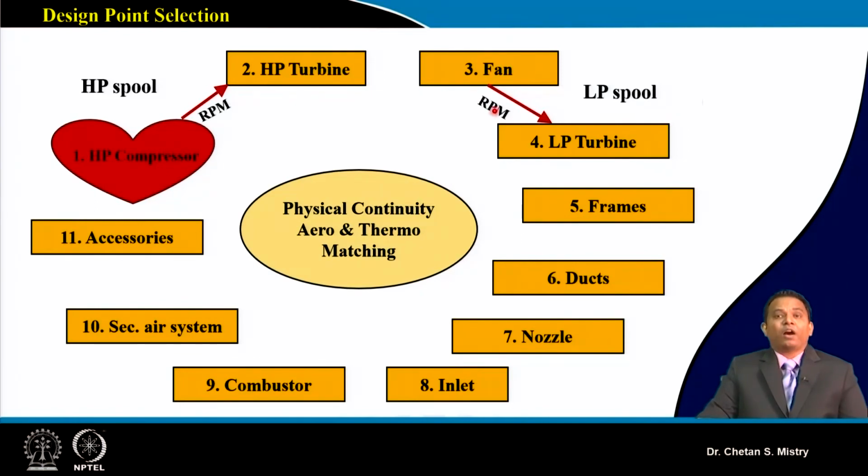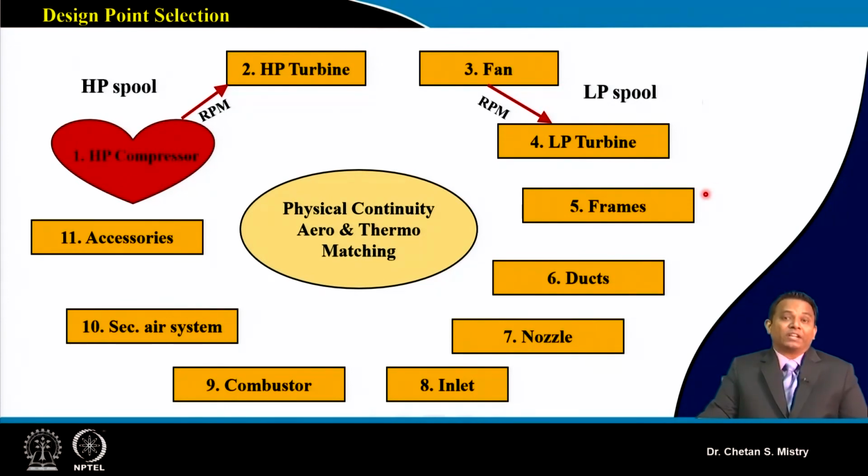Then after all this, we look at the frame, or how you will accommodate all these components in the frame. This frame is a mechanical part that will be given by the aerodynamicists or the component level designers.